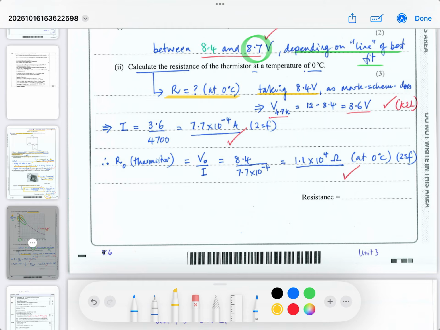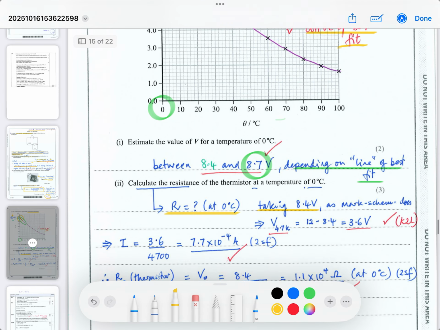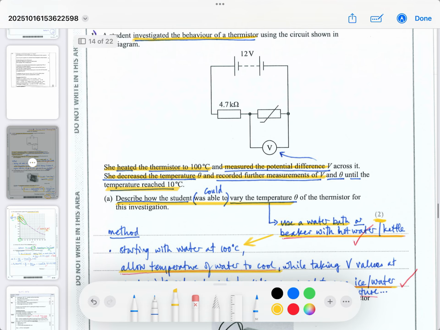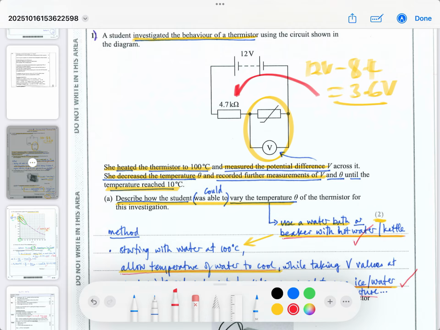So if at 0 degrees centigrade the thermistor gets 8.4 volts, then the rest of the 12 volts minus 8.4 volts will be equal to 3.6 volts, and that will be the voltage across the 4.7 kilo ohm resistor.